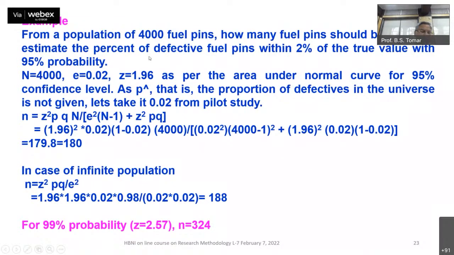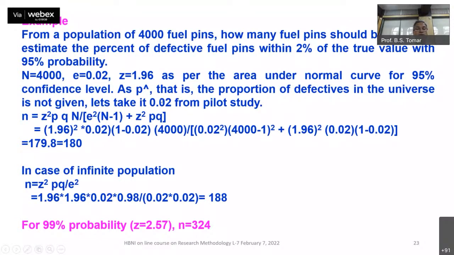You cannot examine all 4,000 fuel pins, but you want that confidence that within 2% you arrive at the number of defective pins. So N equal to 4,000, error is 0.02, Z equal to 1.96 for 95% confidence, from the area under the normal curve.